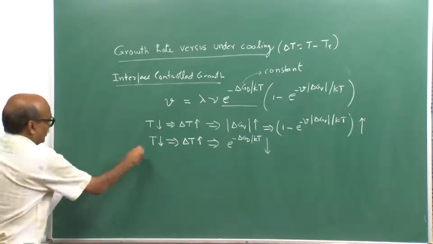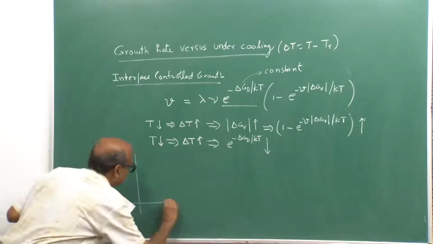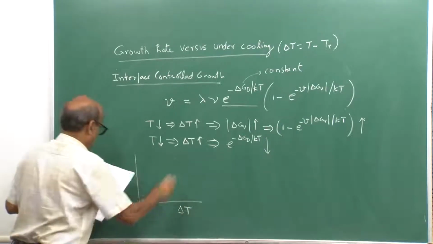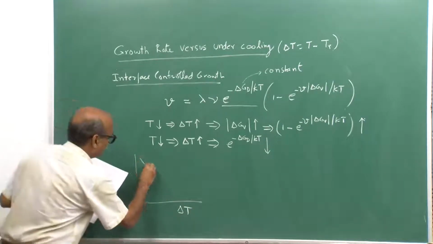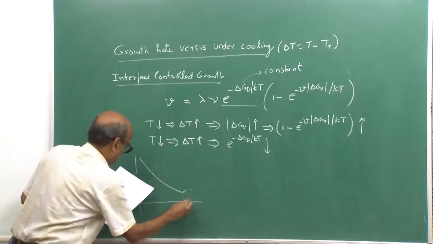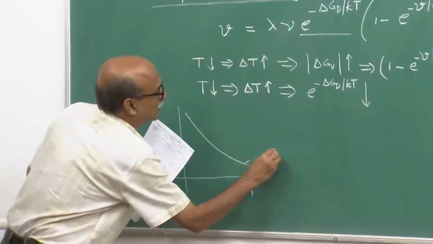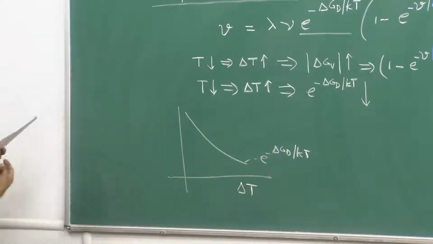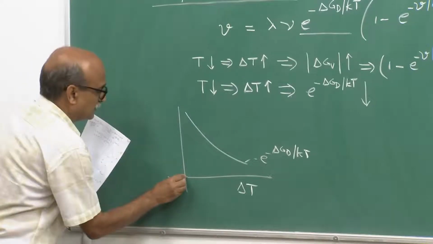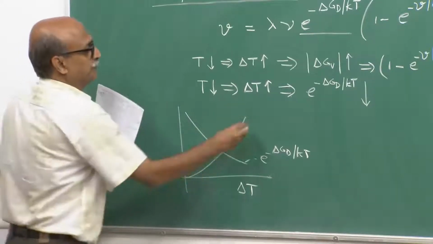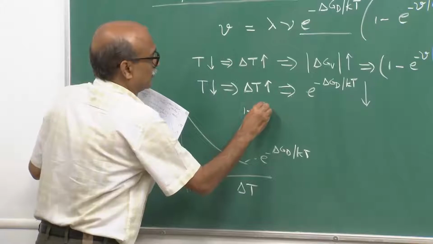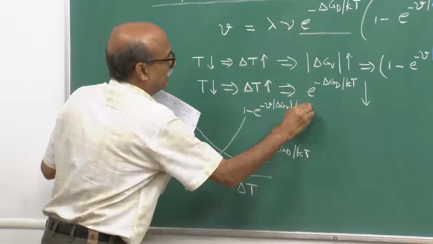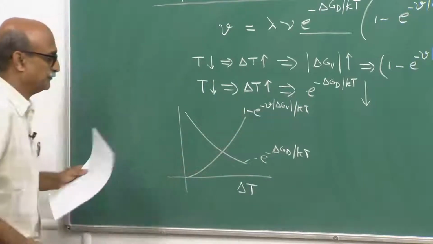So, if I were to graphically illustrate this, with increasing undercooling, the term e to power minus delta Gd divided by Kt reduces, while the second term, 1 minus e to power minus V delta Gv divided by Kt, this curve increases.